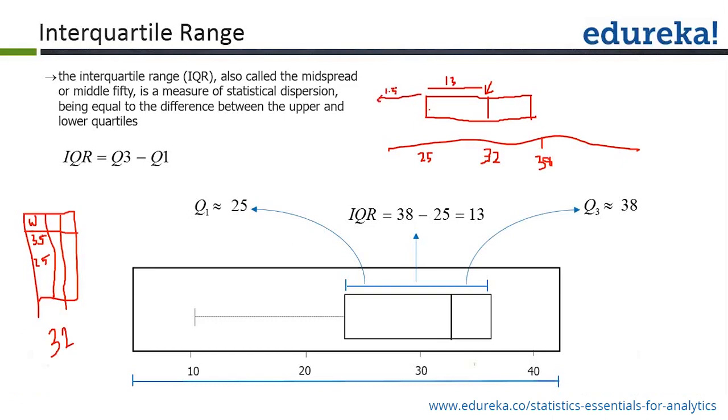Okay, many people use 1.5. In this example, let's assume we are using 1.5, and you draw a small line here. And let's assume the difference that you had is say 6 into 1.5. So let's make it say 9.